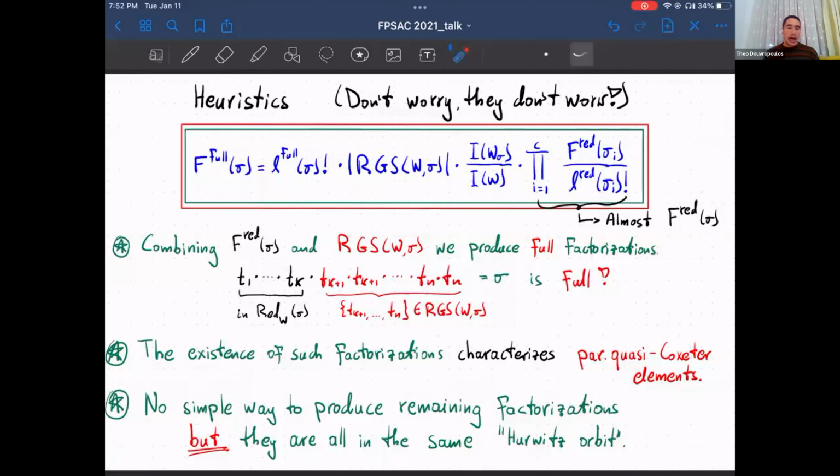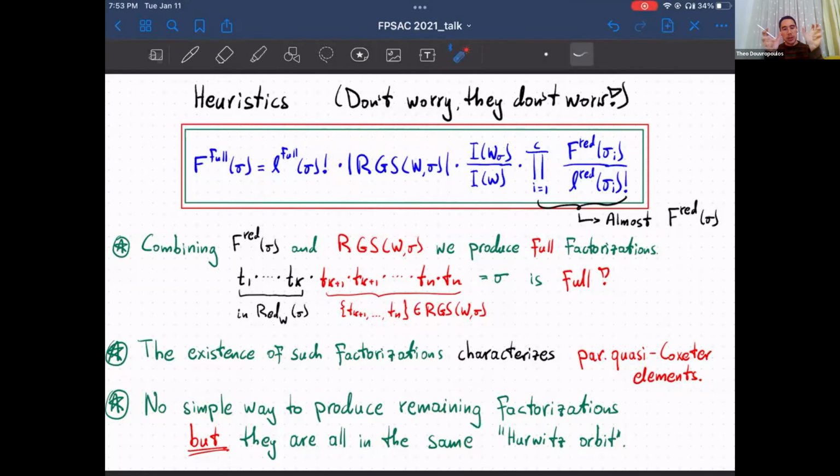So I wanted to point out a few heuristics. I hope Igor, if he's here, is not going to hate me, because these ones do not work. I'm just going to point out that there is some compatibility between the combinatorial objects that appear. So here we have something that has to do with reduced factorizations of our element. And here we have something that has to do with completing the necessary reflections to generate the whole group.